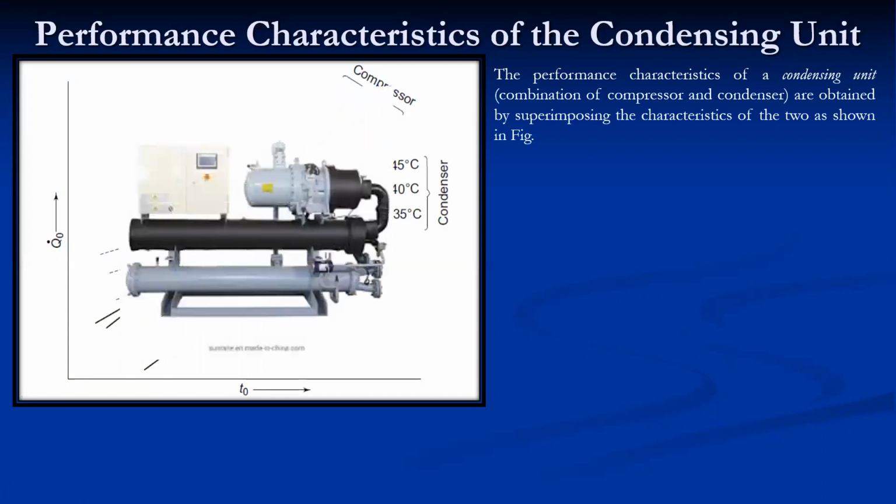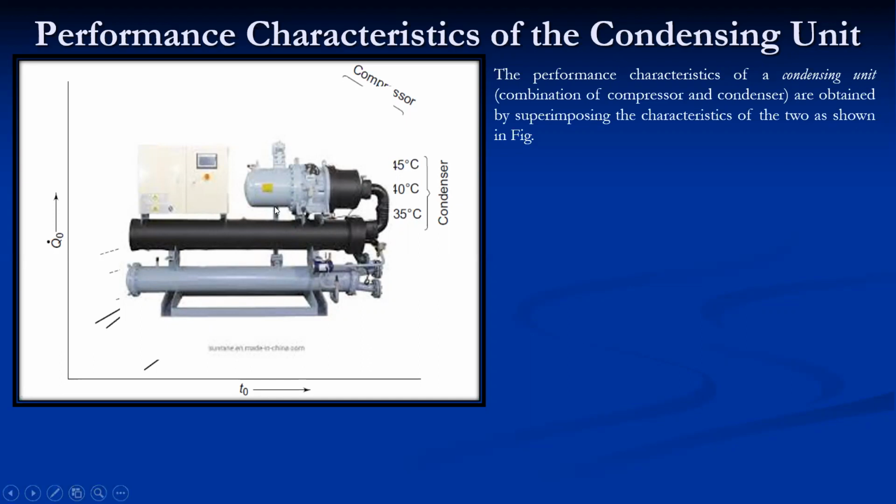Now, in this case, we are considering the chiller unit, which mainly consists of a shell and tube condenser, a reciprocating compressor, and a shell and tube evaporator.